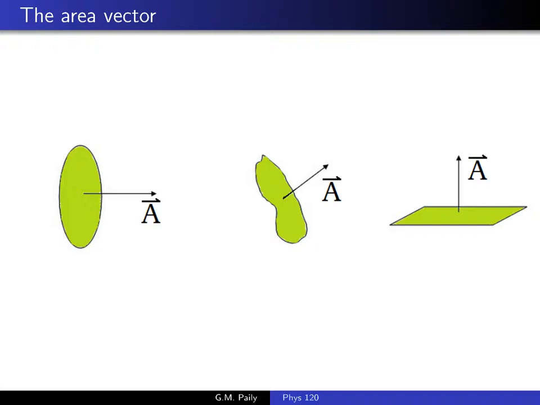But if I look at a surface, I notice that it actually has two normals. I could point this way, or I could point this way. How do I pick? In fact, there is no difference. Both are equally valid. So you can pick either of the two perpendiculars to a surface.